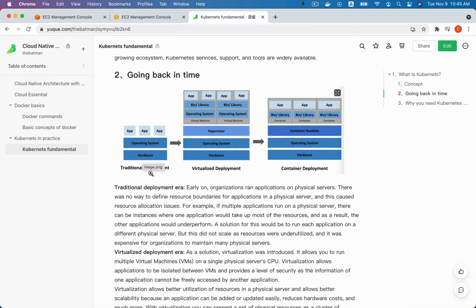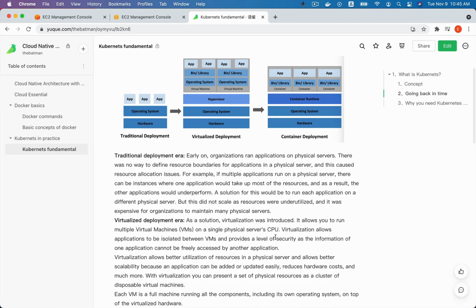But this did not scale, as resources were underutilized, because the utilization of an application on another server may be very low, so this would be a waste.